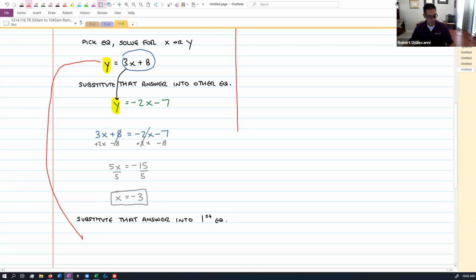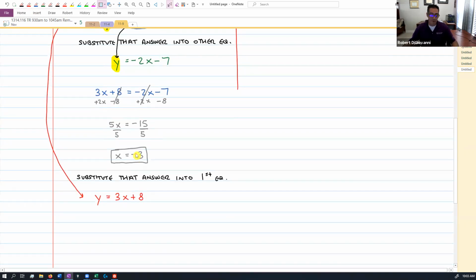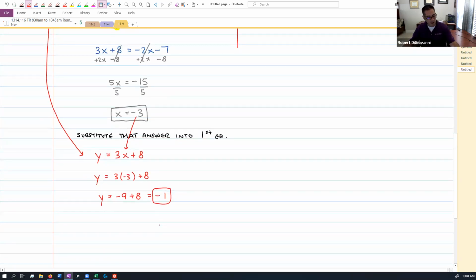We know that y is equal to 3x plus 8. We now take this -3 and plug it in for the x. So y equals 3 times -3 plus 8. So y equals -9 plus 8, which is -1. And so you've got your solution written as a point. It is the point -3, -1.